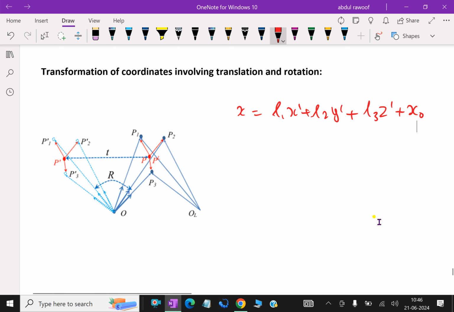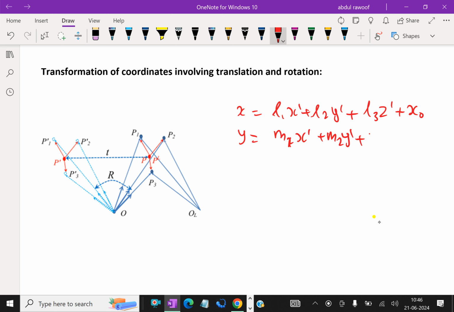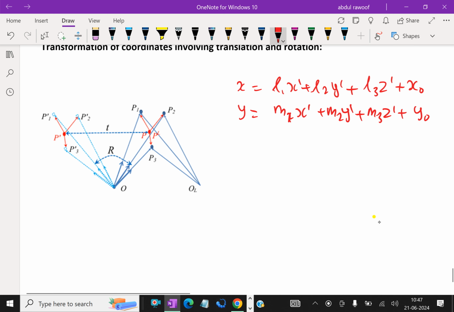Same for y, y equals M1 x dash plus M2 y dash plus M3 z dash plus y0. Then z equals N1 x dash plus N2 y dash plus N3 z dash plus z0.